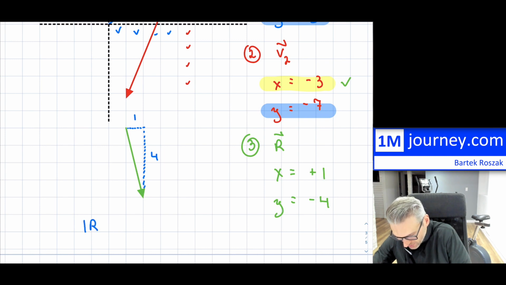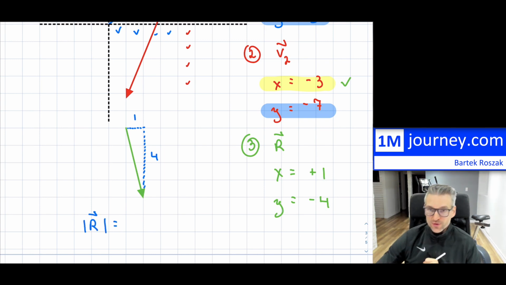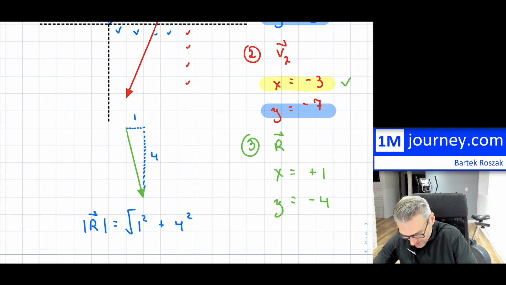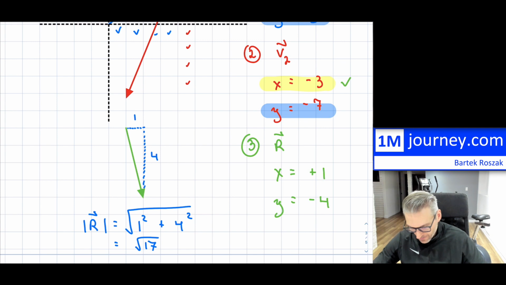So my magnitude is equal to, for this example, 1 squared plus 4 squared. Take the square root of that. It's going to be 1 plus 16, so that's the square root of 17. Okay, so that's what I have right there.